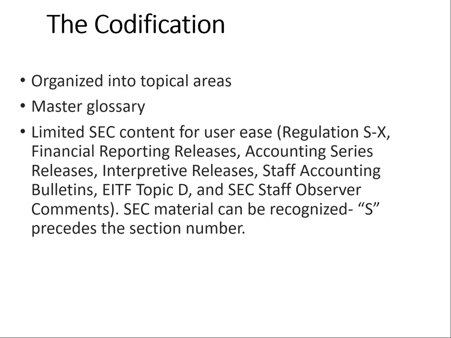Alright, so I'll quickly go through these. The codification is organized into topics. We have various topics, and it also includes a master glossary where you can check definitions easily. There is also certain limited SEC content available, which is recognized with an S preceding the section number.